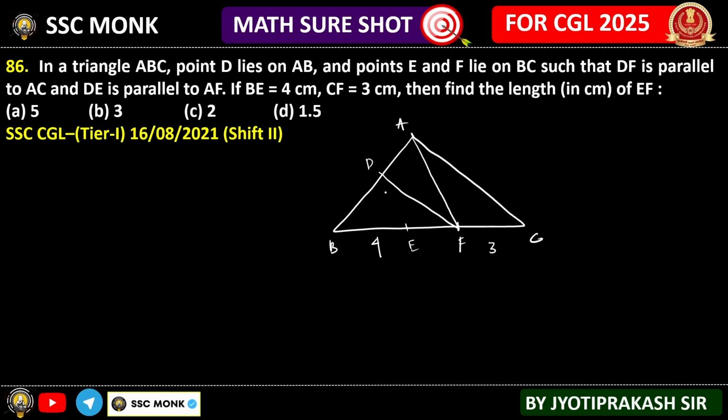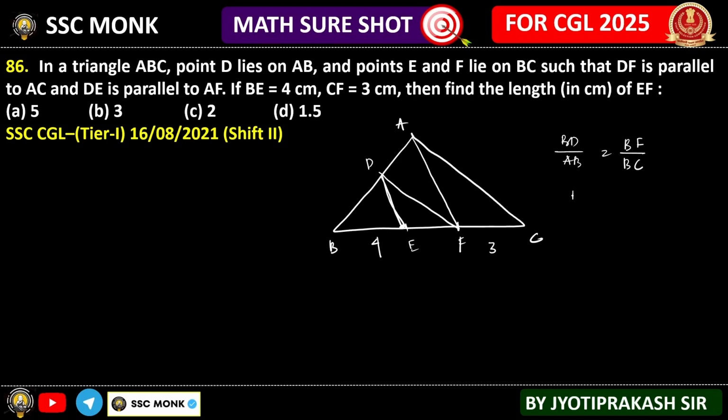Now AF and DE are parallel to each other. If this is 4, this will be 4. So first, DF is parallel to AC, so BD by AB is equal to BF by BC.